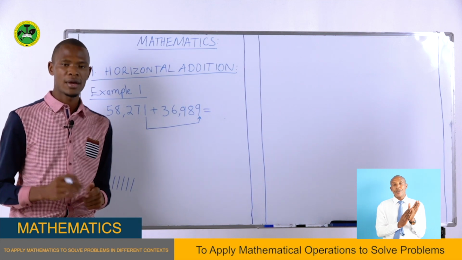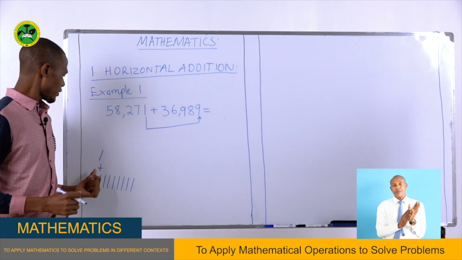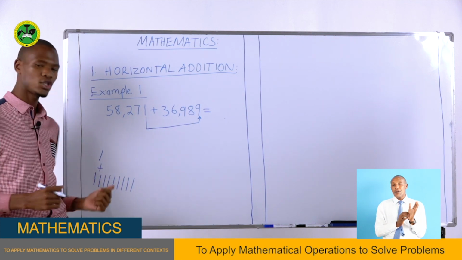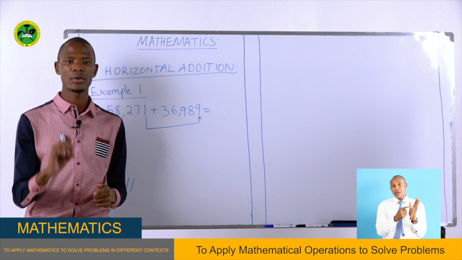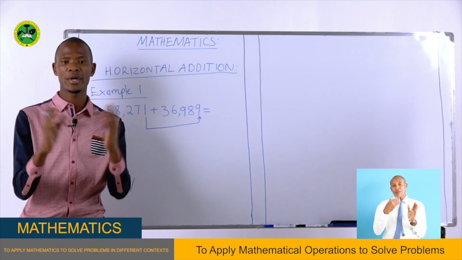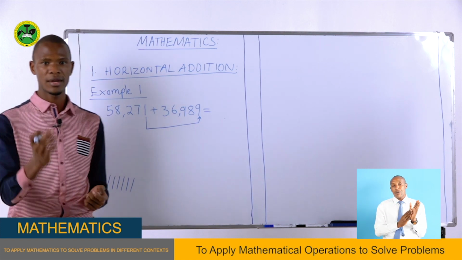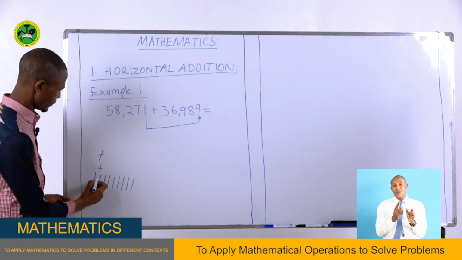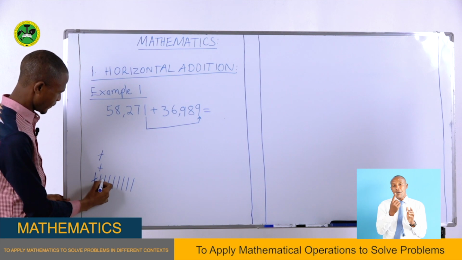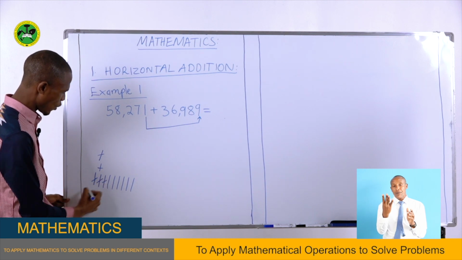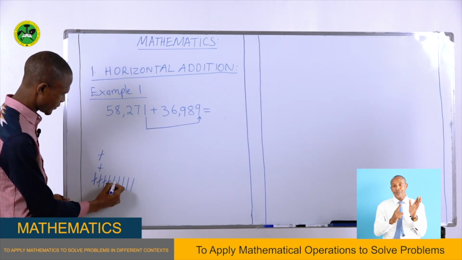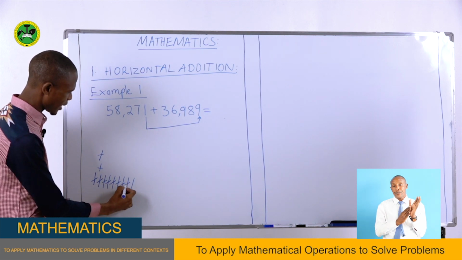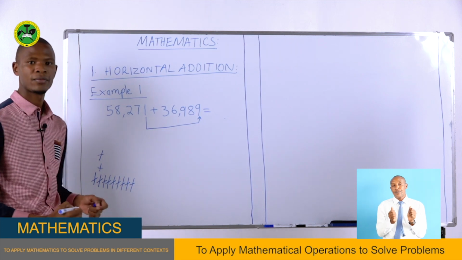Dear pupils, after counting this tally to represent 1 and these 9 tallies to represent 9, now we are going to add them together. That means we count them together. Let us count together. This is 1, 2, 3, 4, 5, 6, 7, 8, 9, 10.